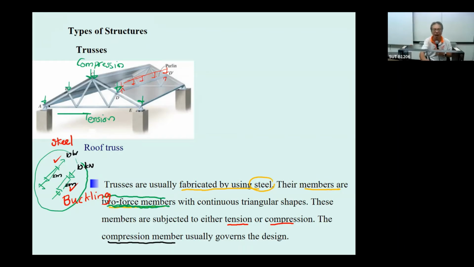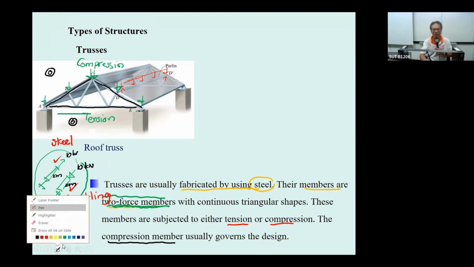So when you select the top member, you will select it with the same size as the tension member. But for the diagonal member, you may select another size depending on the internal forces inside this yellow member.